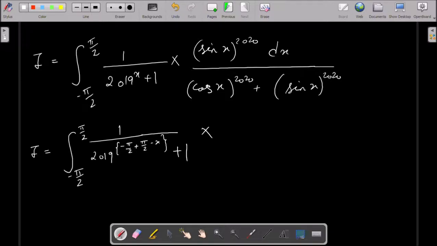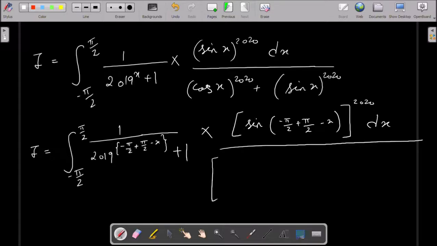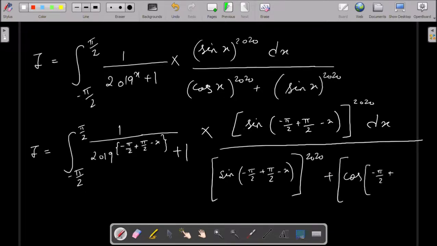Now we replace x by a plus b minus x, dx, upon sin to the power 2020 plus cos to the power 2020.